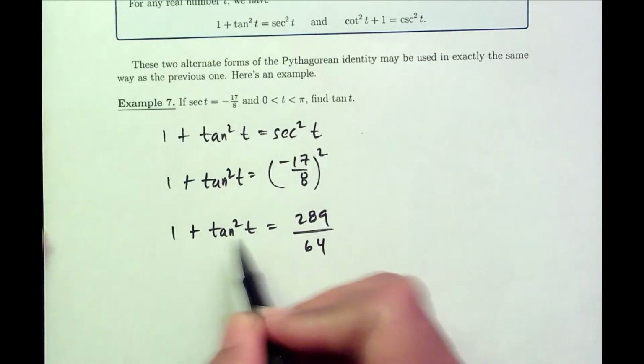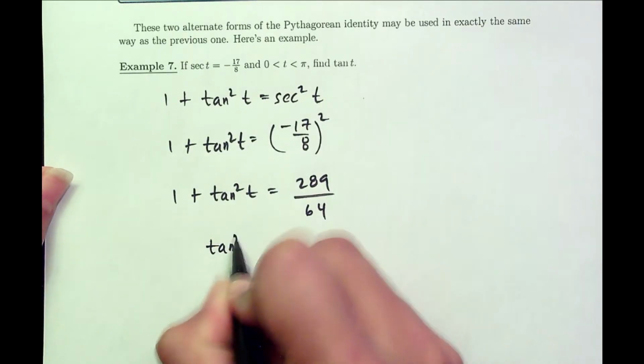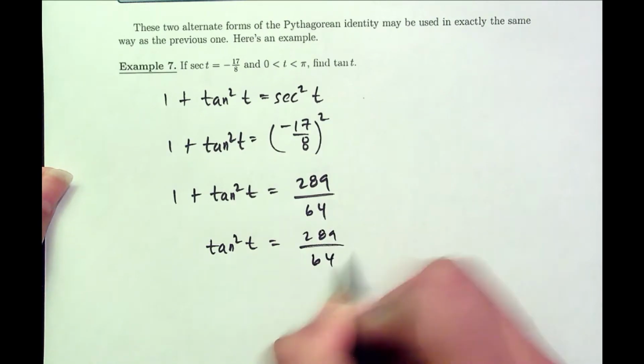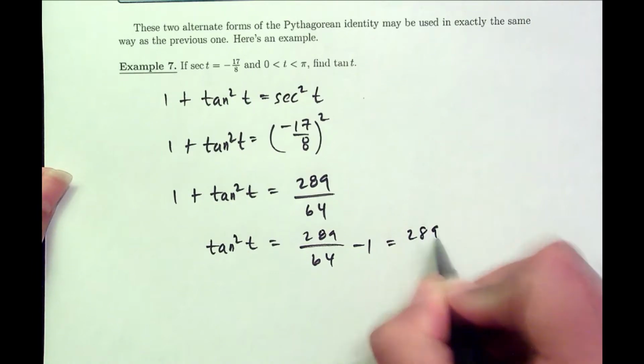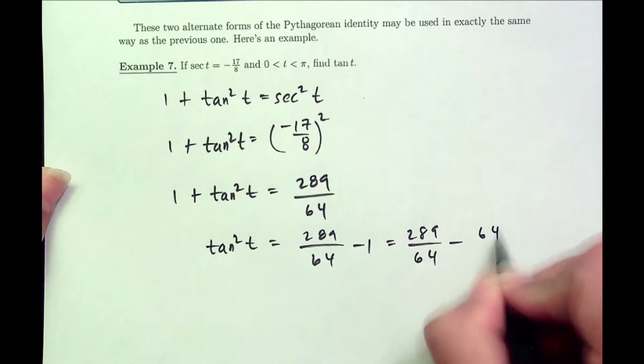Then move the 1 to the other side. We get tangent squared of t equals 289 over 64 minus 1. If you're doing this by hand, this would be 289 over 64 minus 64 over 64.